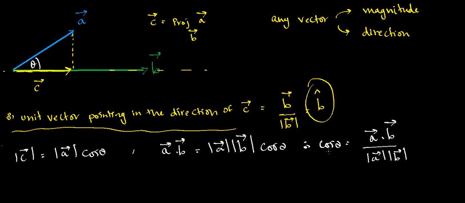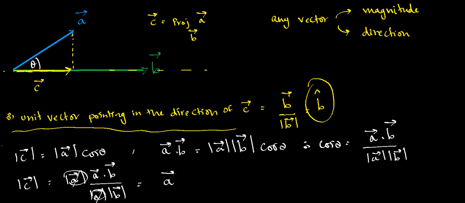If we substitute this into this over here, we can say that the magnitude of C is equal to the magnitude of A times A dotted with B divided by the magnitude of A times the magnitude of B. And this cancels with this, and we end up with A dotted with B divided by its magnitude, which is B hat.